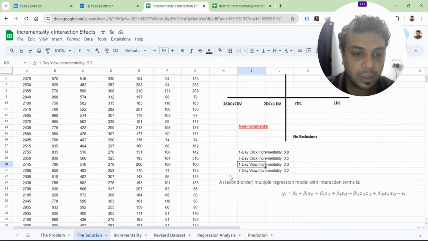So the way this regression model really works is first of all, just like in the case of regular linear regression models, you have a constant value, and then you have the coefficients multiplied by the individual variables.